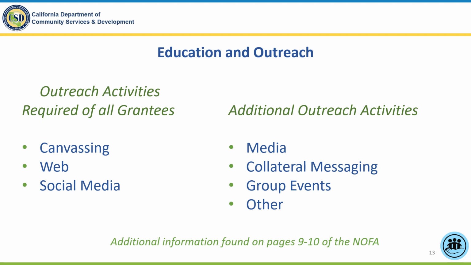Grantees will utilize social media outlets to disseminate educational messages, share success stories, and inform the public about outreach events in targeted counties and local communities. Social media channels may include, but aren't limited to, Facebook, Instagram, and Twitter.